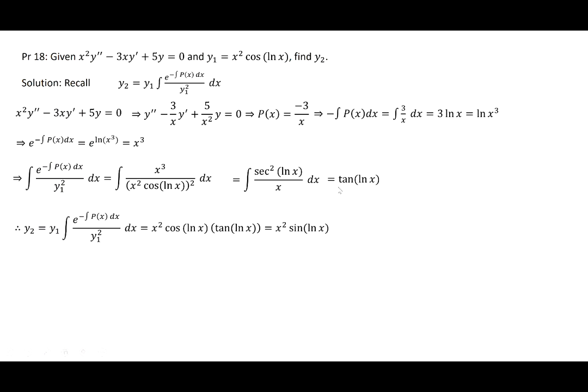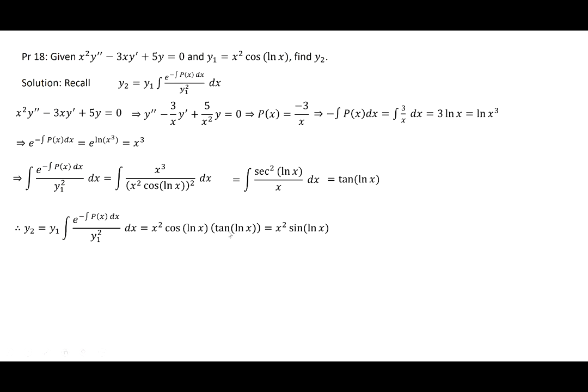Multiplying by y1. y1 turned out to be x squared cosine of natural log of x. We just found this integral to be tangent of natural log of x. And that becomes x squared sine of natural log of x. How?